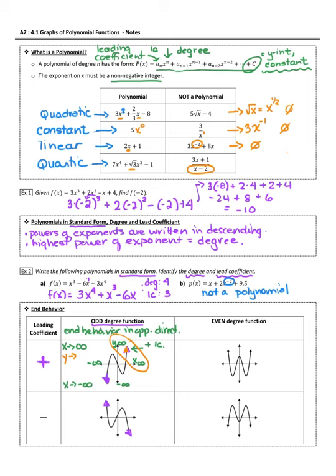So as x is going to positive infinity, y is also going to positive infinity because the graph is going up. As x is going to negative infinity, I find where my graph is ending, and it seems to be ending in that quadrant. That means y is also going down, so it's going to negative infinity. And we're going to do that for each one of these.